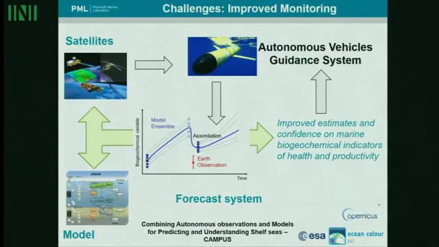We can see what's going on at the surface from the satellite, cloud permitting. But what's going on below the surface, even these days, we still have fairly sparse knowledge about what the system's doing, even in our own backyard, let alone in the deep ocean. So it's pretty important that we're able to improve the monitoring.